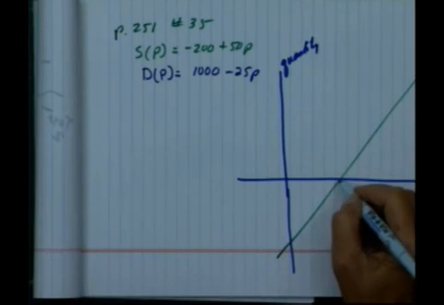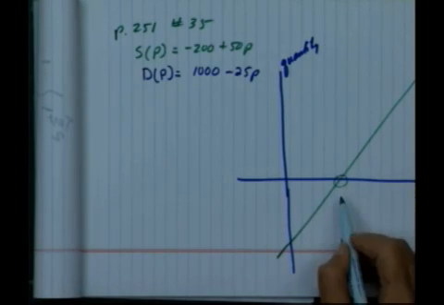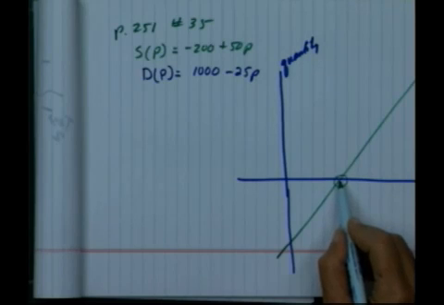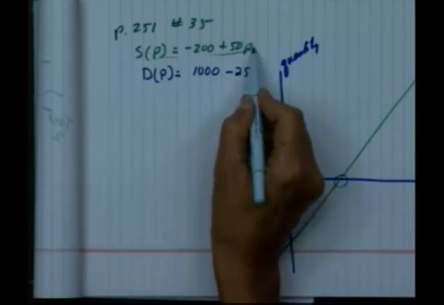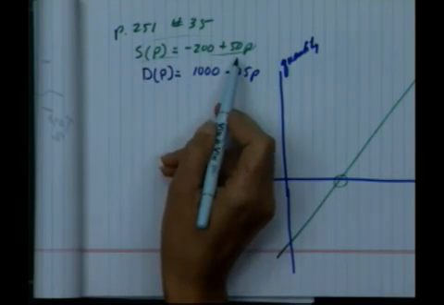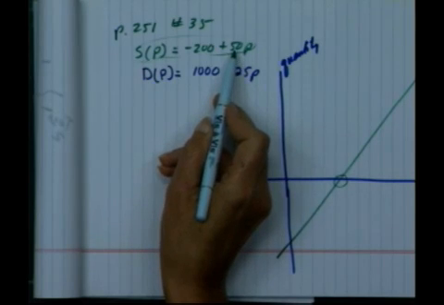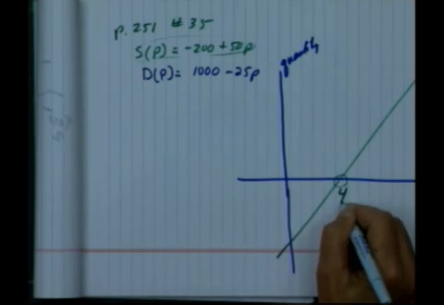By the way, what's this intercept right here? I know it's the p-intercept, but when I graph this thing, what's the value here? What makes the supply equal to 0? And price is 4. 4 times 50 is 200, so this crosses at 4.